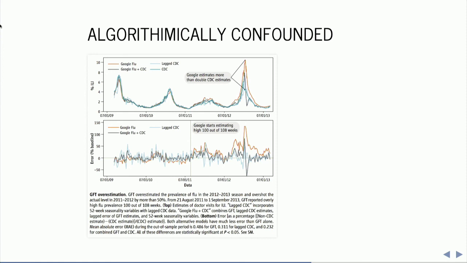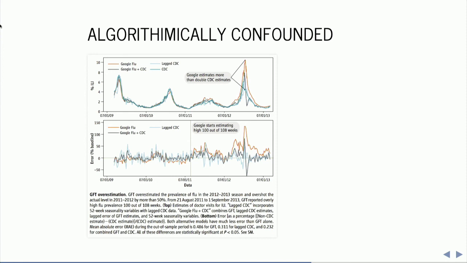And what happened is Google data scientists recognized that they could track the spread of influenza very well with Google search data, or so they thought, right? And so what we see up here in this top panel is, in the orange, the Google Flu estimate of the prevalence of influenza over time for about 2 years.